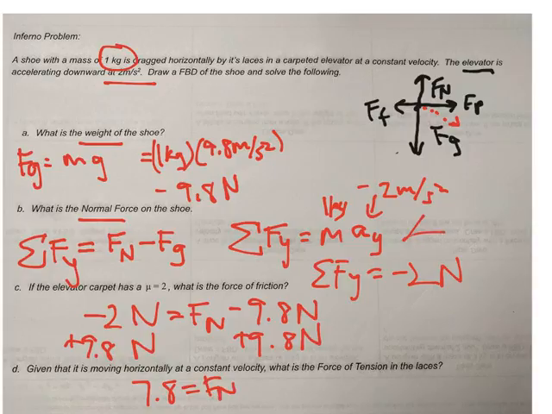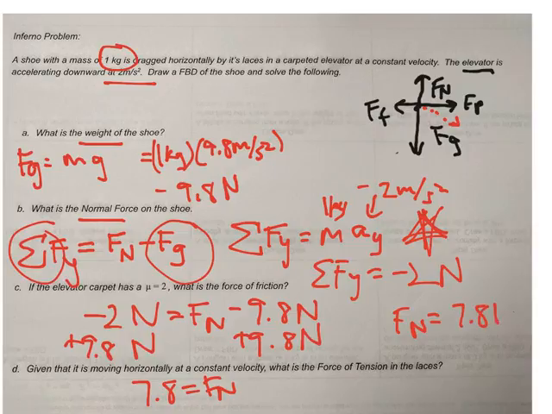So I would think this is one of the harder problems on here. As far as the math goes, you have to do a couple steps, but your normal force ends up being equal to the total force minus, or opposite, so you're technically adding your 9.8, which will give you 7.8 newtons.